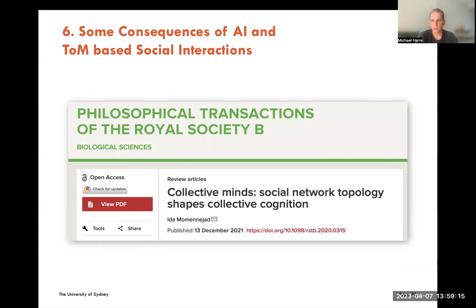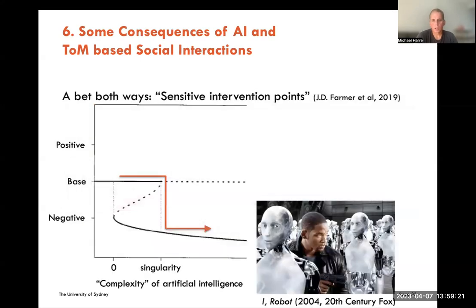And of course, the social network topology is critical in understanding how our collective cognition, collective intelligence actually works within our social groups. And so one way in which we can think about that is in terms of a very naive, simplistic way in which things are being expressed in the popular press at the moment. And so here we have the idea that we are going along at some fairly base level of advancing the complexity of artificial intelligence.